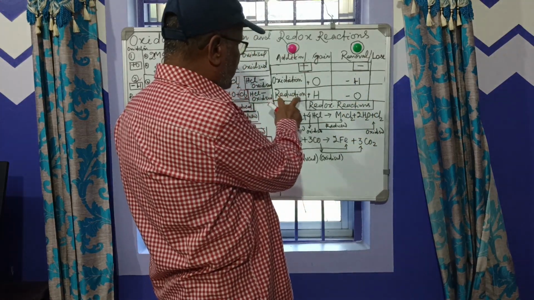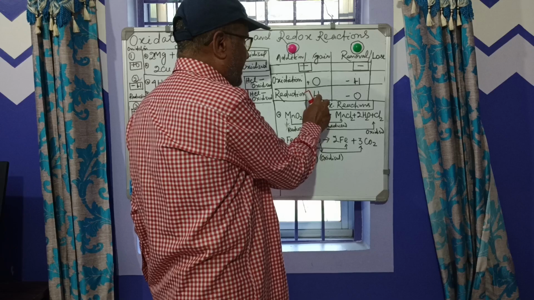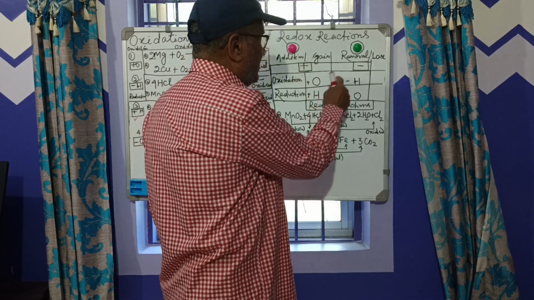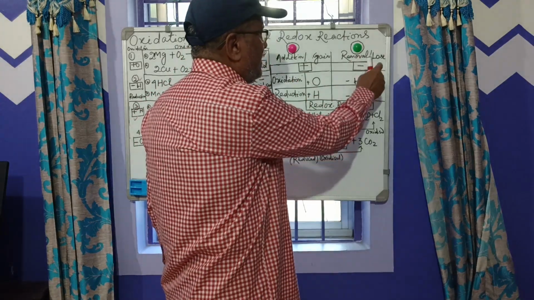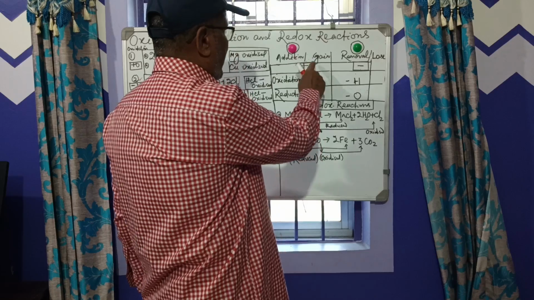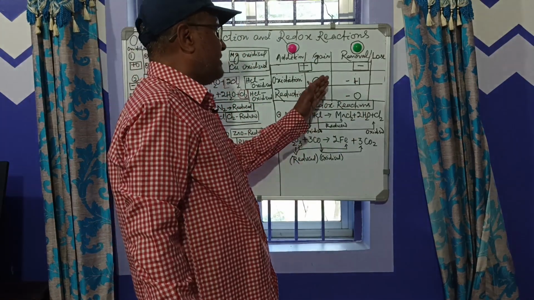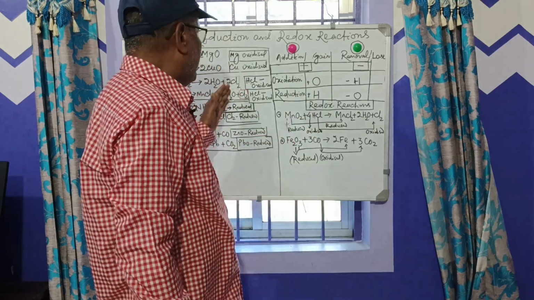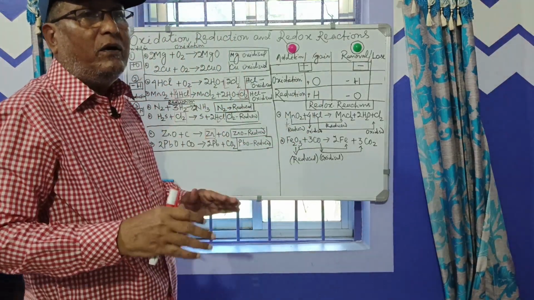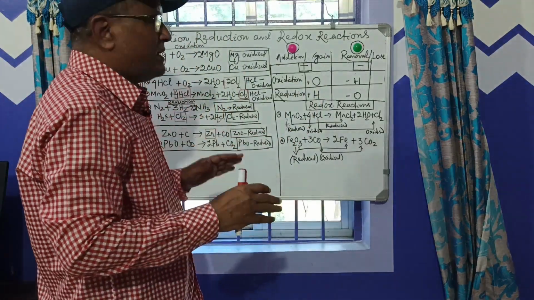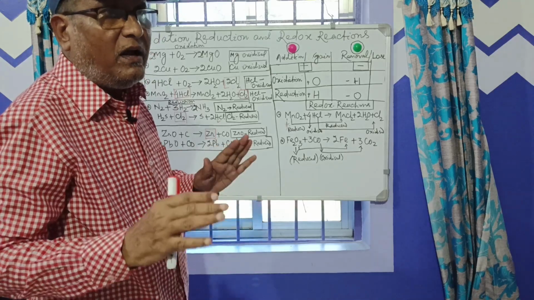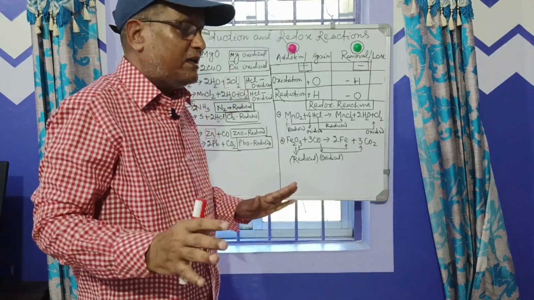Similarly, for reduction reaction, you see the gain of hydrogen or addition of hydrogen, or removal of oxygen or loss of oxygen. Now look at this table and let's apply this formula in knowing which one is oxidation reaction and which one is reduction reaction.